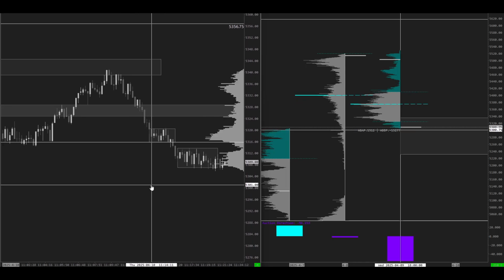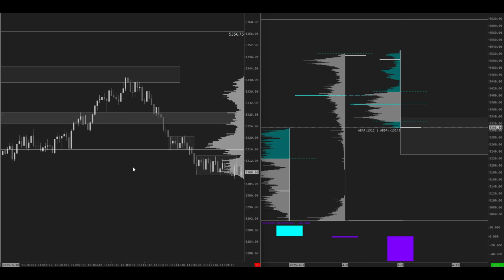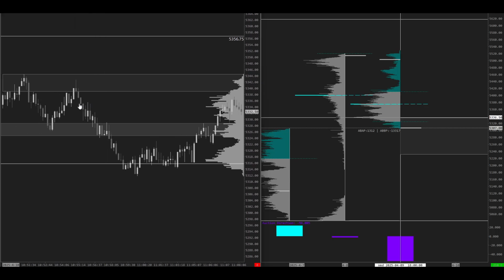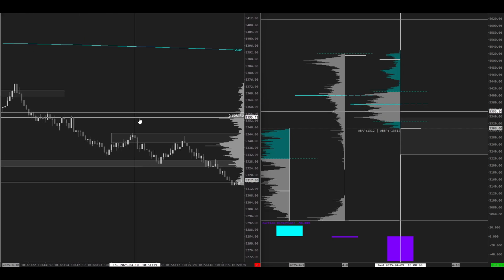Where they do start to matter a little more is when we have a really quick rejection like this here. That ended up being a high that held so far. It went up very quick and it got slammed back down really quick. It's not multiple candles side by side right there, so that's a sign that we're rejecting that area when it does that.